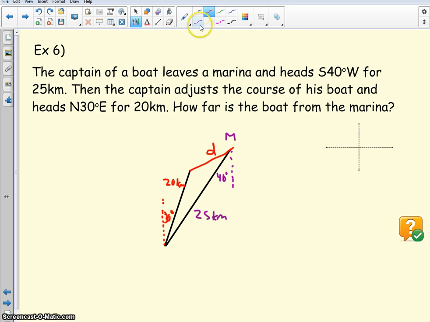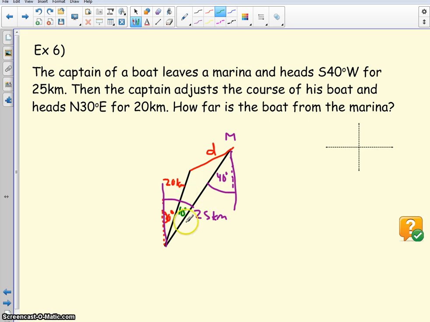What worked for me is I look here, I've got a 40-degree angle here, and if I assume that this is vertical, which it is, and that this is vertical, which it is, then we have a little bit of a Z pattern here. That should mean that this angle right here, the 40, and this whole angle right here, from this Z pattern, should be the same. So if this amount's 30 and the whole thing has to be 40, that means this little angle inside the triangle here has to be 10 degrees.